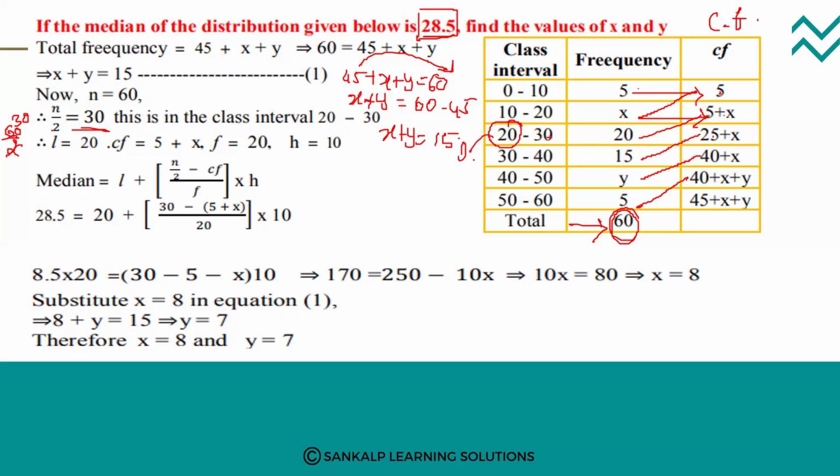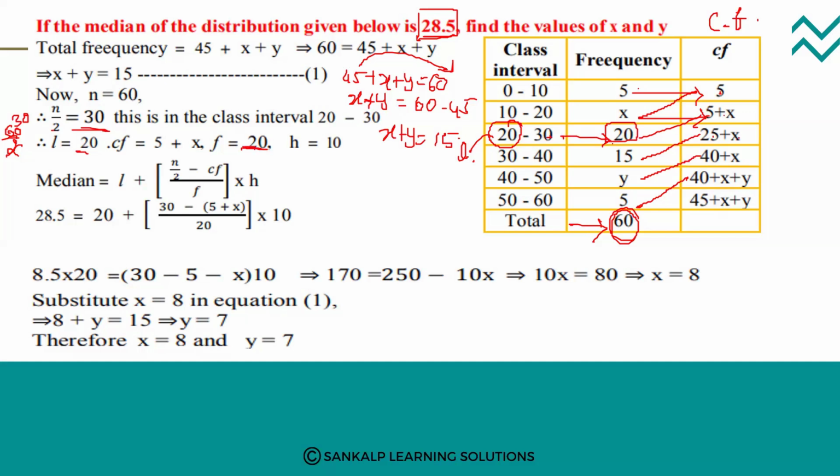Now this is the value of L. The lower limit is the value of L, so the L value is 20 here. And what is the value of F? See, the frequency of the median class, that is 20. So this is the value of F. Next, what is CF?